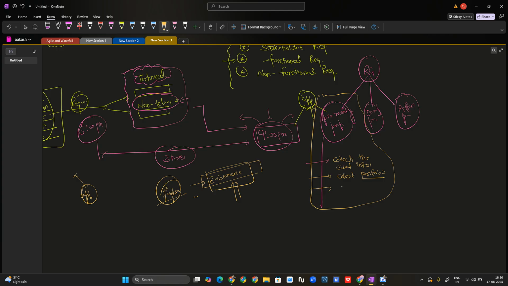So the third point is related to questions or questionnaires. On the basis of client requirements, you have to prepare some questions which you have to throw to the client in the meeting. Let's suppose that you want an e-commerce website.